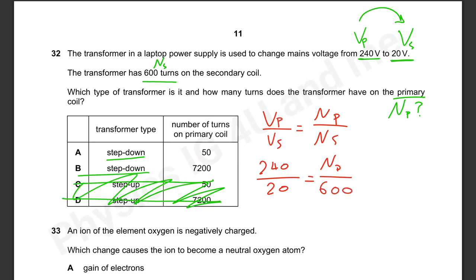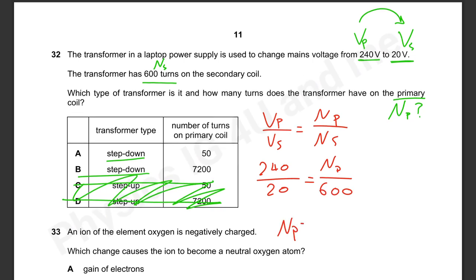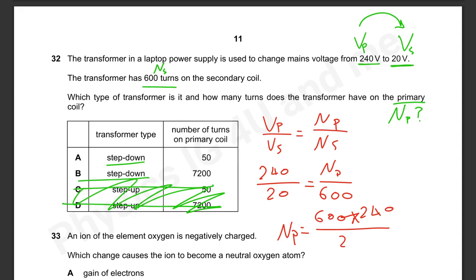I want NP, so I can cross multiply: 600 multiplied by 240 divided by 20. I got 7,200 turns, which is option B.